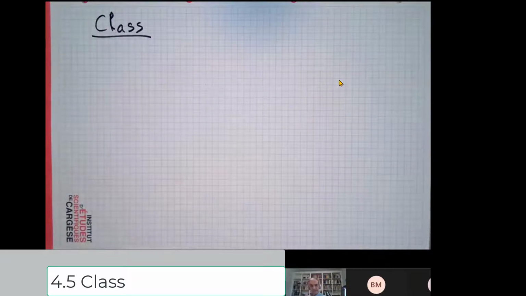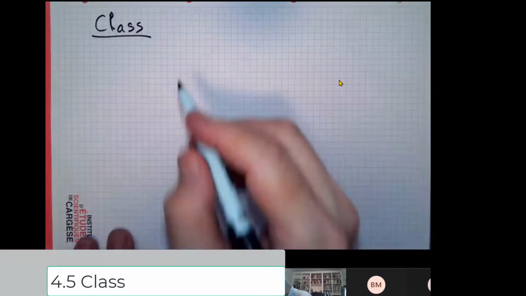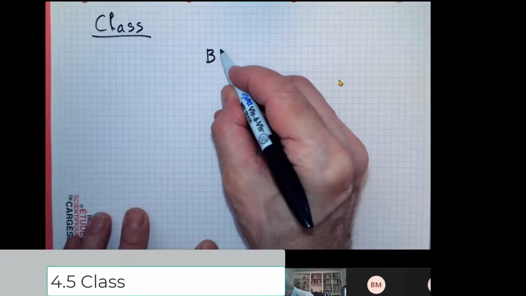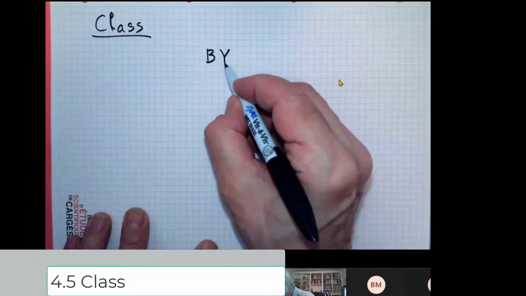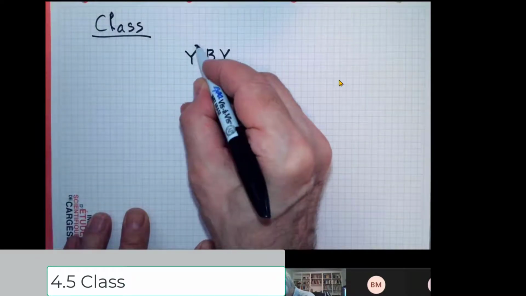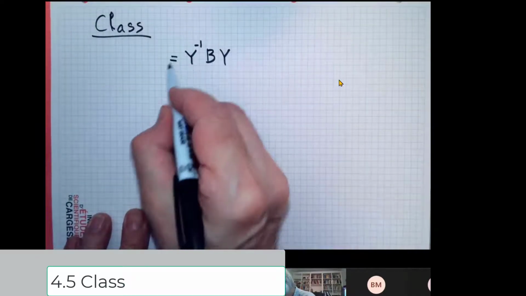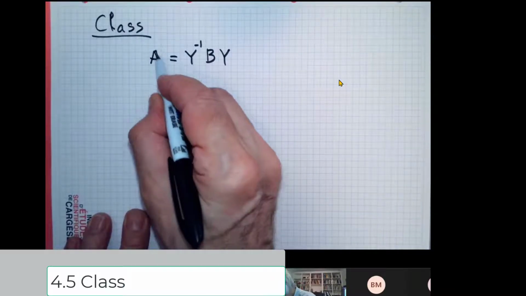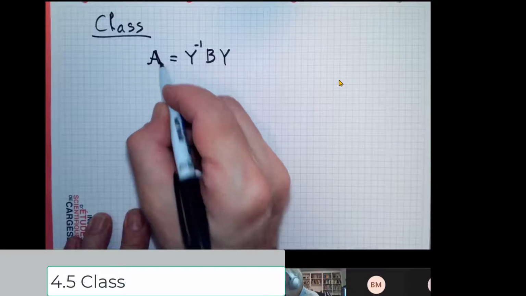So the intuitive notion of this is that you take an operation, like operation B, and now you apply another operation in your symmetry group, let's call it Y. And that generally gives you a different operation.